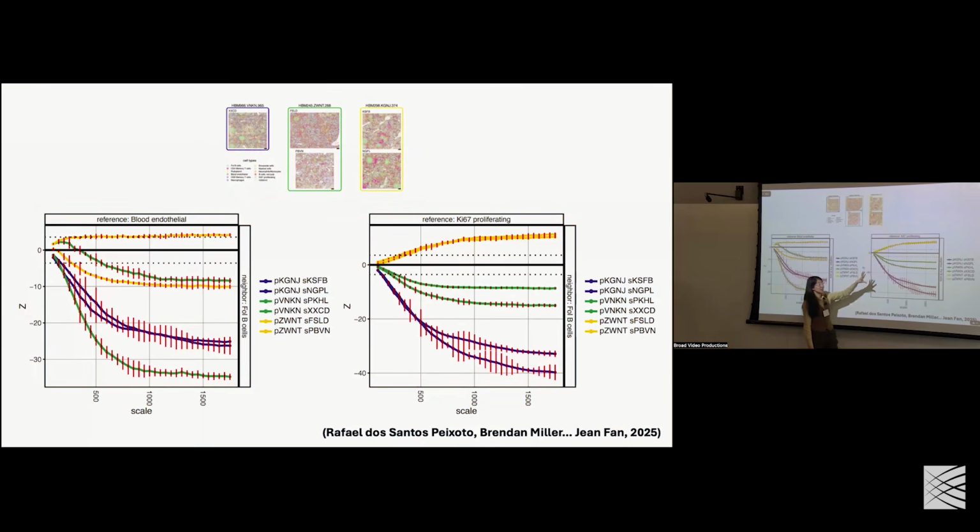So this was actually a CODEX panel where we didn't have that many protein markers. So we're not actually quite sure what cell type the Ki67 proliferating cells are. But it's just interesting to observe that in this particular patient, the proliferating cells are all co-localized with the B cells. And in this patient, they're all quite far away from the B cells.